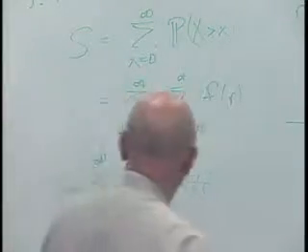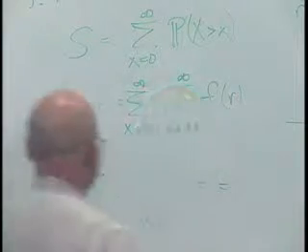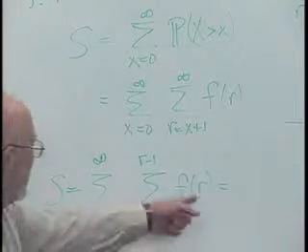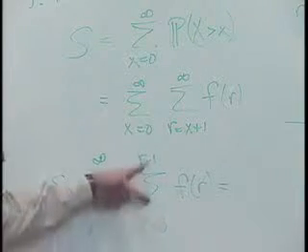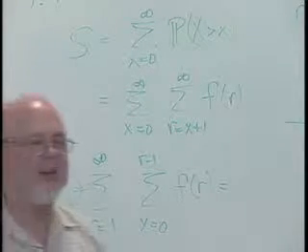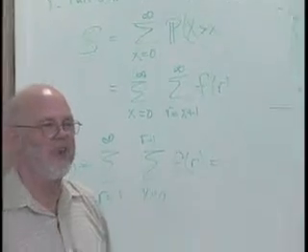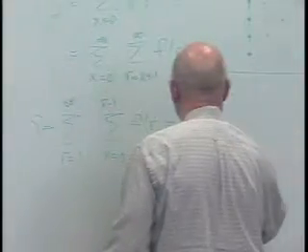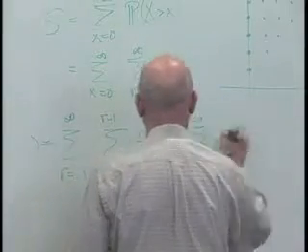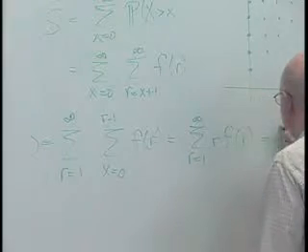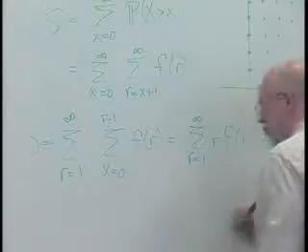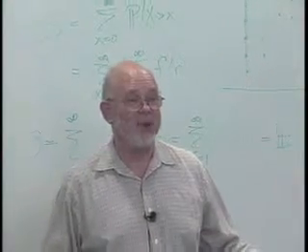F of r. I got 2 minutes, and I'm going to sneak it in here, as I'm almost done. This doesn't depend on x. I'm just adding together a certain number of copies. How many numbers are there between 0 and r minus 1 inclusive? R. So this is the sum from r equals 1 to infinity of r times f of r, which is the definition of the expectation of this random variable.